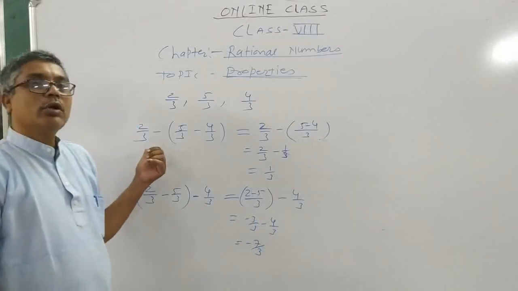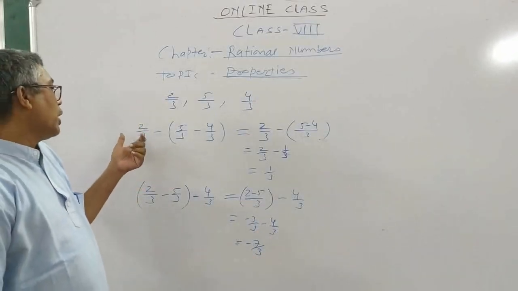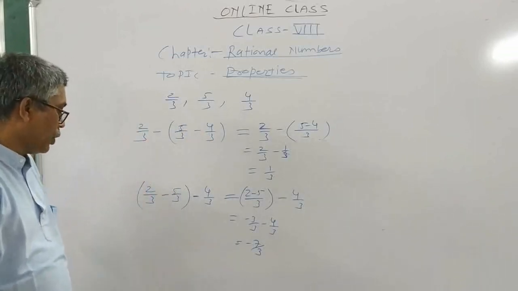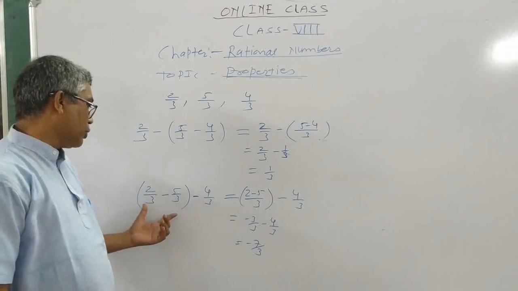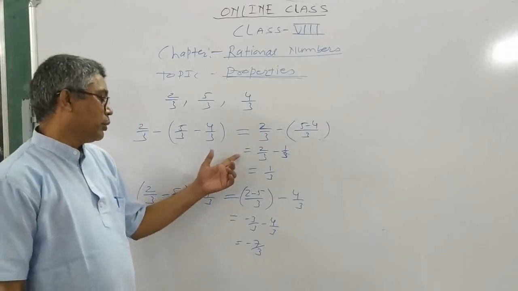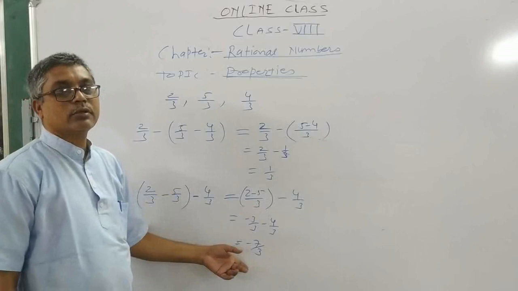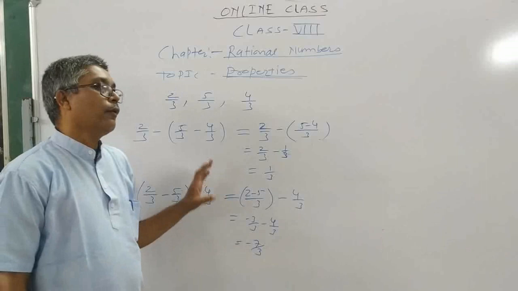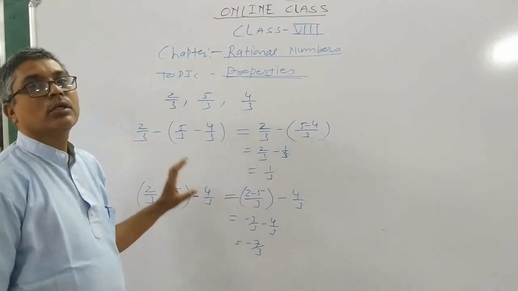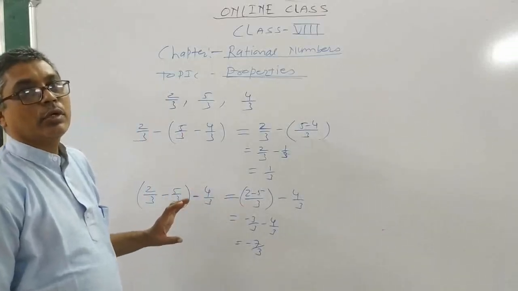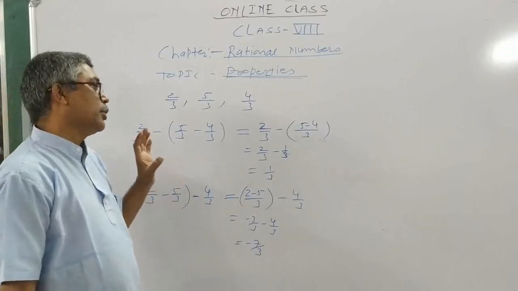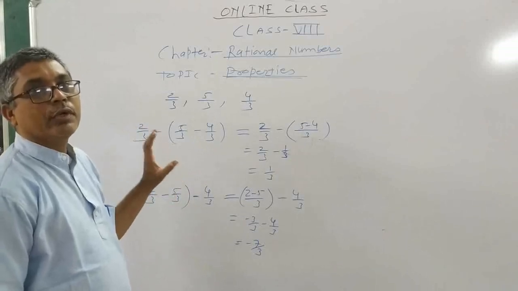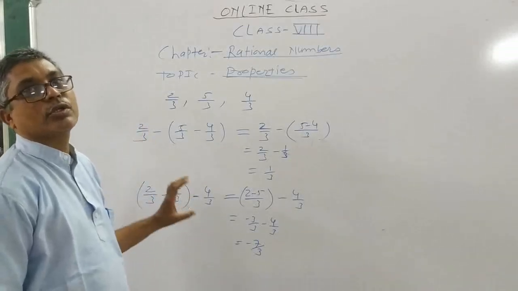If we subtract this bracket from 2/3, and if we subtract 4/3 from this bracket, we get different answers. So we can say that subtraction of rational numbers is not associative.